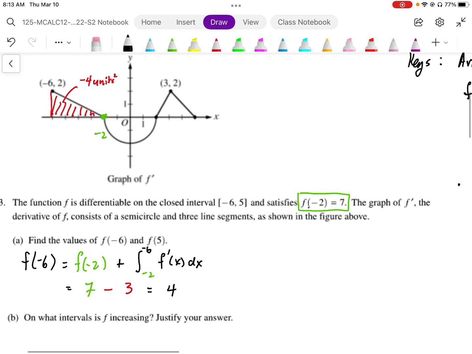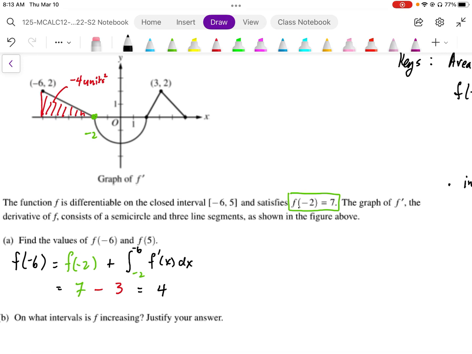And then we do the same thing for f of 5. So at f of 5, we're going to start at f of -2, and then we're going to add the area starting at -2. This time we're going to the right to go to +5 under the f prime graph.